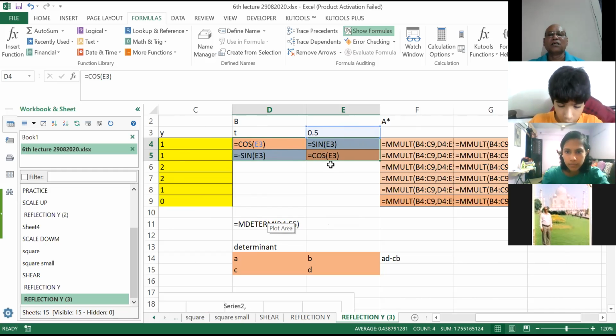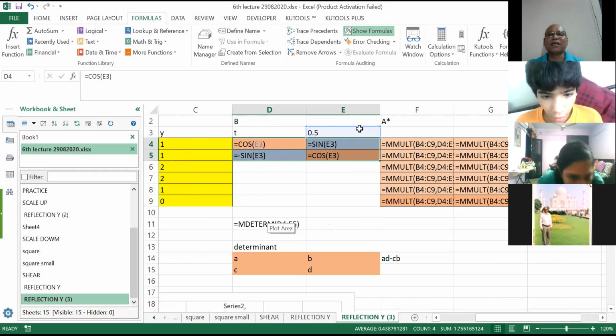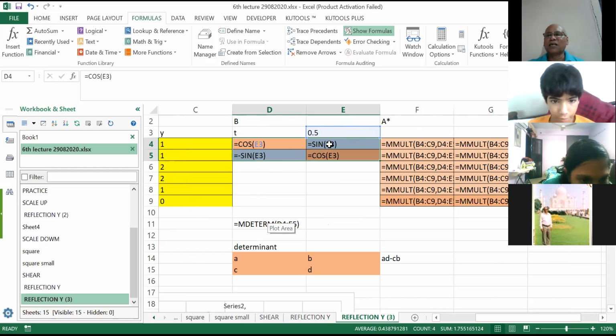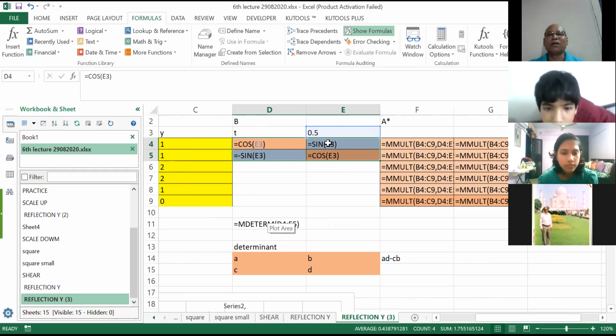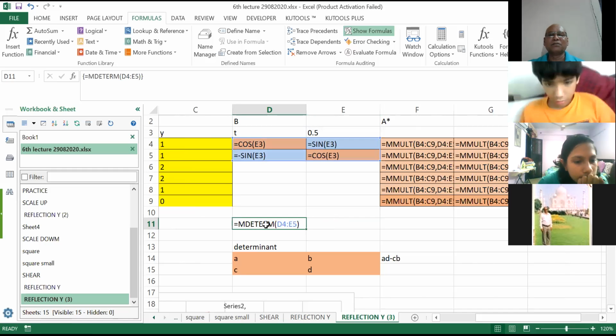We said A and D, so here A and D are cos E3, cos E3. So it is cos square theta, then minus minus sine square theta means plus sine square theta. So this formula has come, sine square theta plus cos square theta. And if you calculate the determinant, it will be 1.